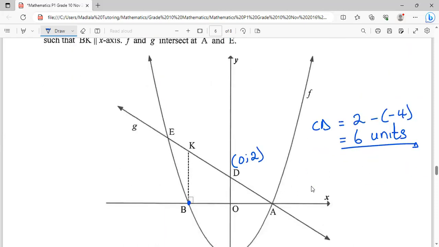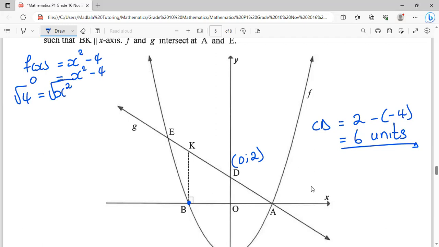But now, if this is the parabola f of x equals x squared minus 4, we know that the x-intercept is where y is equal to 0, like that. So here you need to solve for x. You can decide to take 4 to the other side so that it becomes positive, and then you apply the square root on both sides.